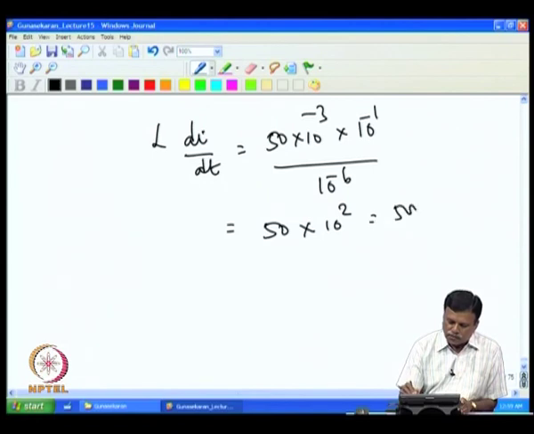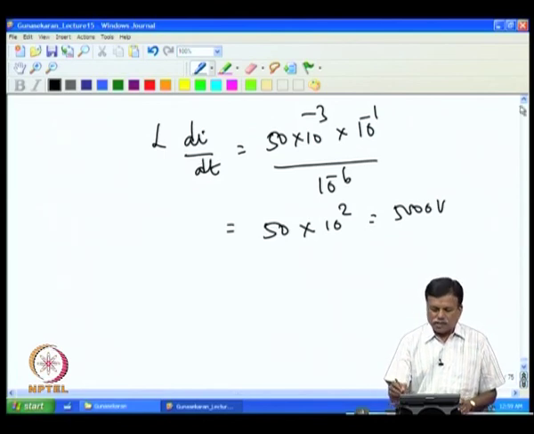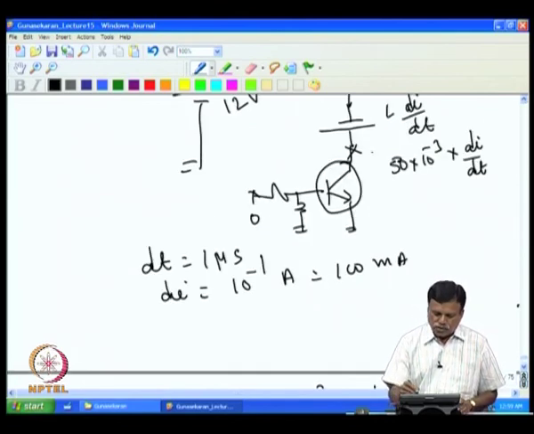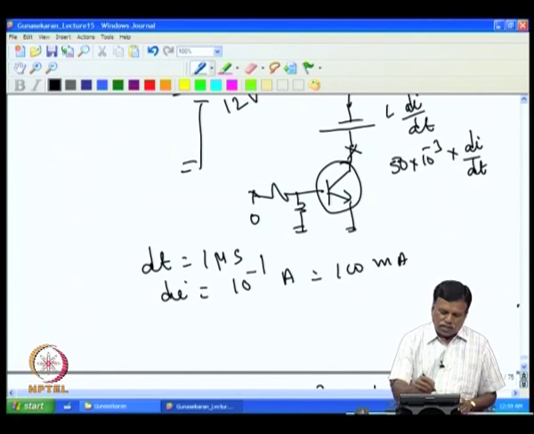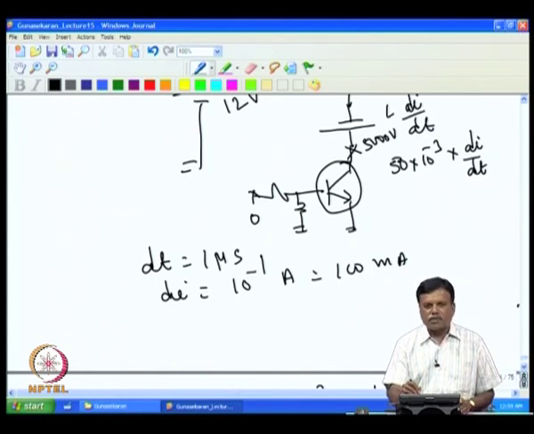that works out to be 500 into 10 power 2, so you get 5000 volt. When you try to switch off the inductor abruptly, you get this induced voltage going up to 5000 volt, and this transistor can't withstand such a high voltage, because the VCE breakdown voltage would be only a few hundred volt, and 5000 volt destroys the transistor.